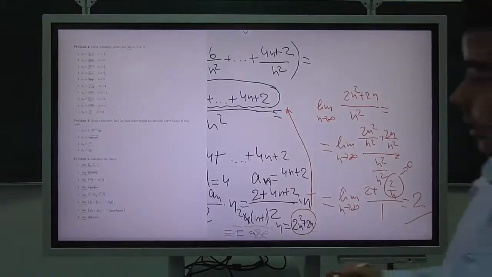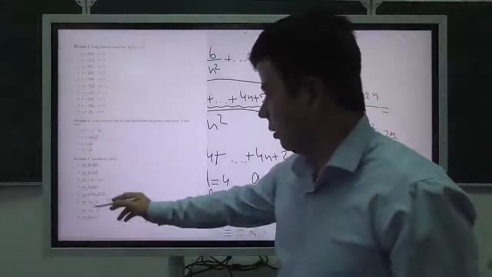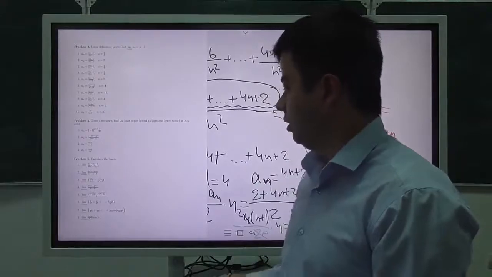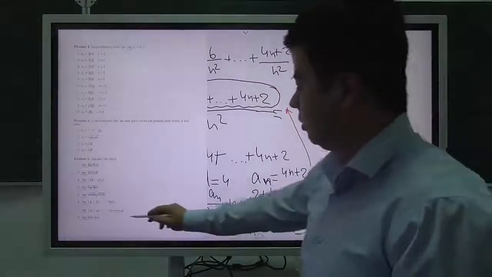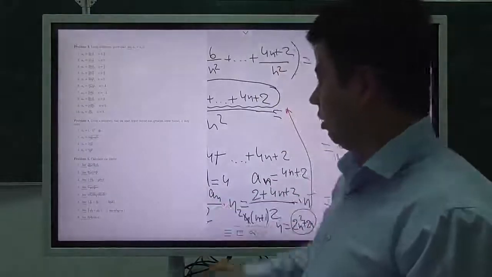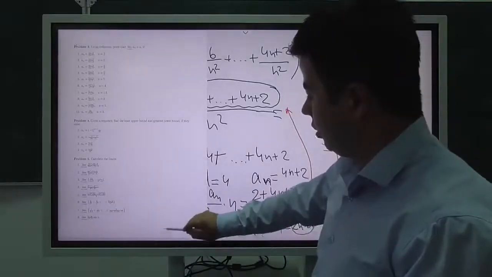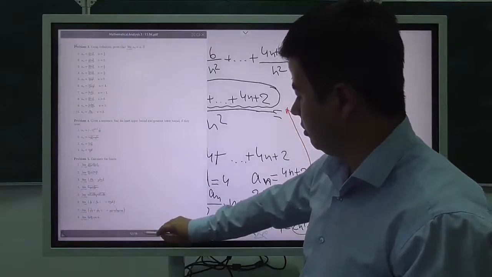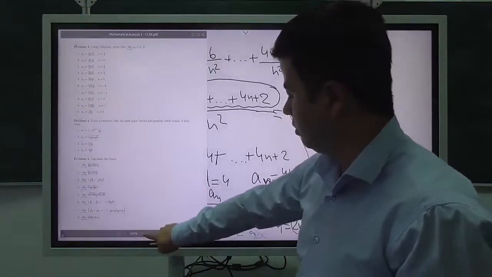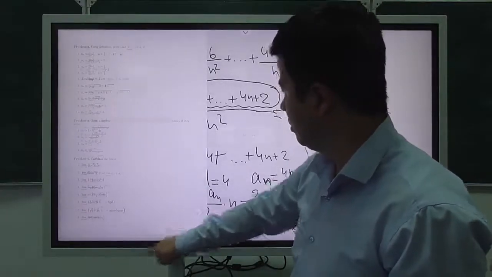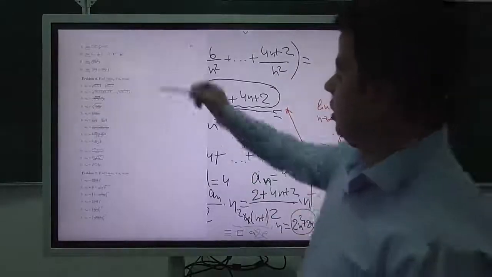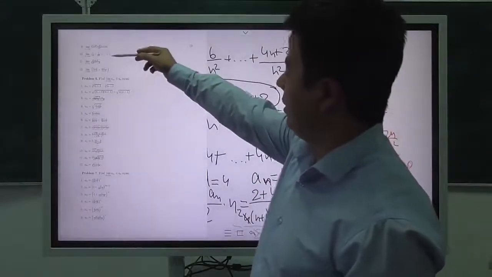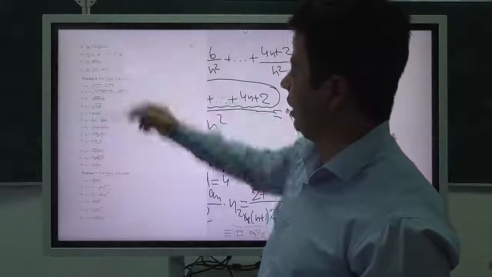In this way we can continue with the other ones, number 7 and number 8. Try to do these at home, and we have the next exercises also: number 9, number 10, number 11, number 12.